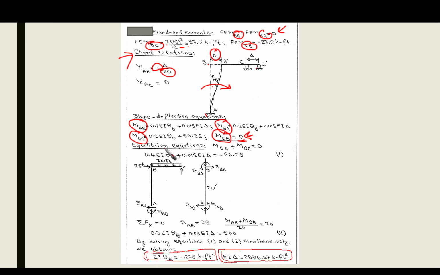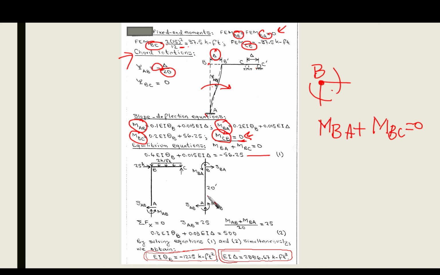Then the equilibrium equations: yes, we have 2 equilibrium equations. One from the application at point B, so we have the moment at point B. We have moment here and moment here, so the moment BA plus the moment coming from this column, which is BC, should equal 0.